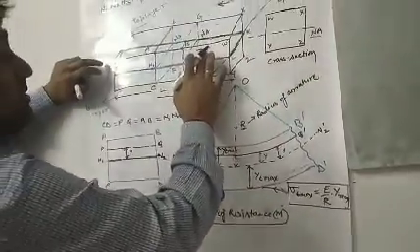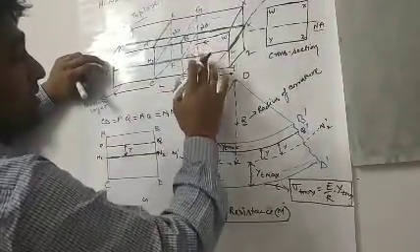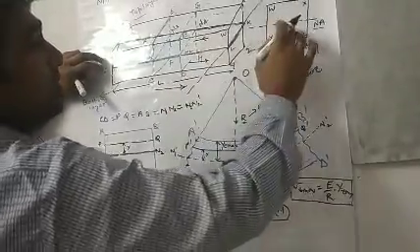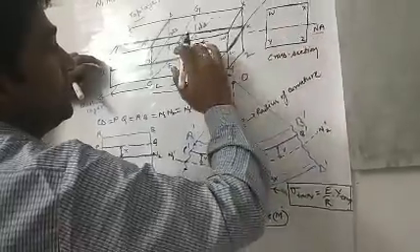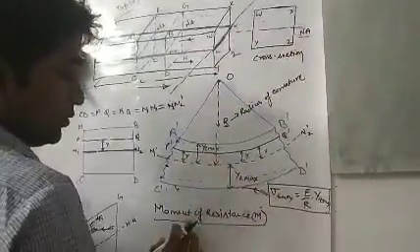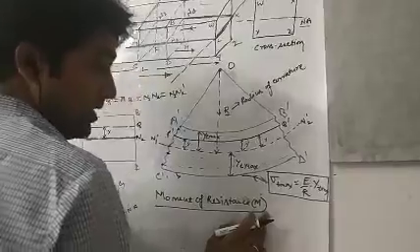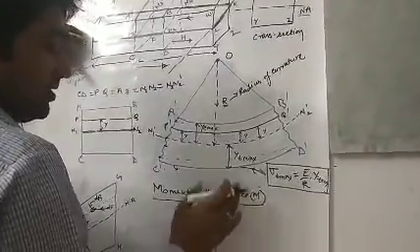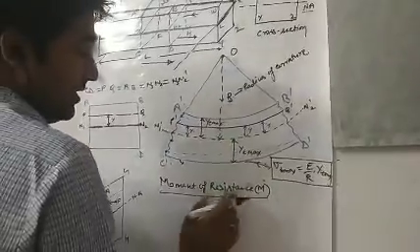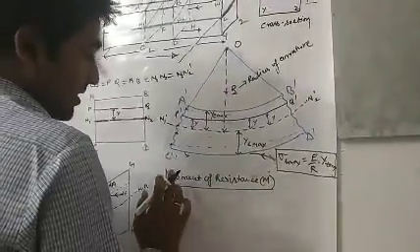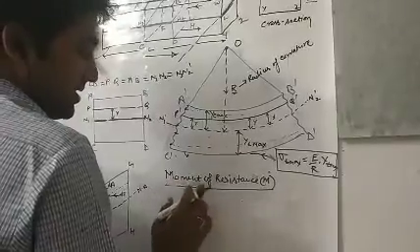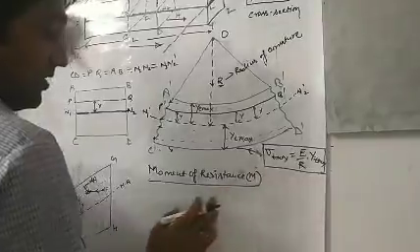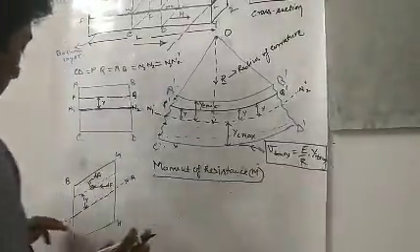Moment of these compressive forces or tensile forces about the neutral axis of the beam is known as moment of resistance. And when we are solving a question regarding bending stresses, then we equalize the moment of resistance with the maximum bending moment of the beam we considered in the problem.